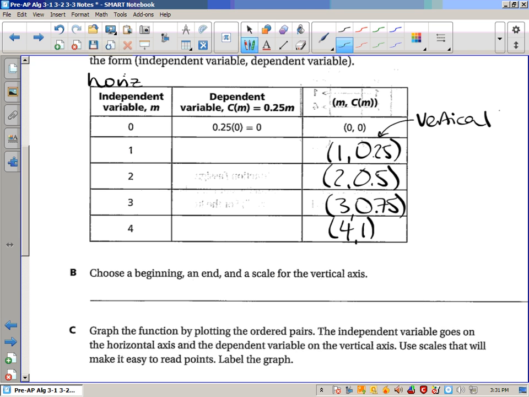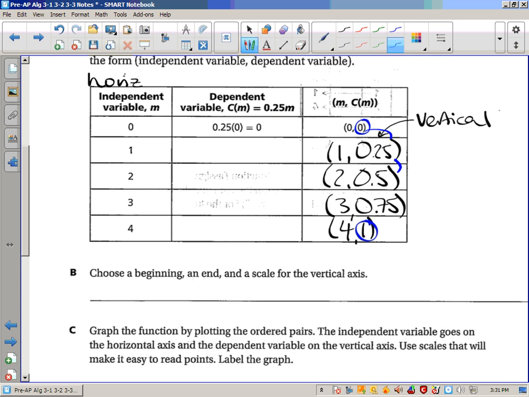So if I look at my points, we start with 0 as an output, and then we go to 1. So I'm at the very least going to have to fit 0 to 1 on the graph. To choose a scale, probably the best way to go about that is to look at the change in my output values from term to term.